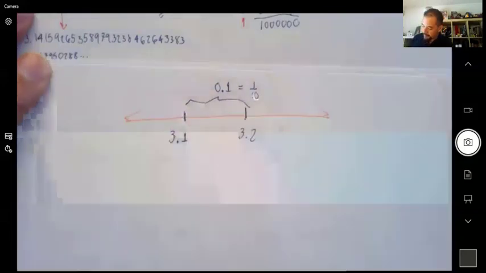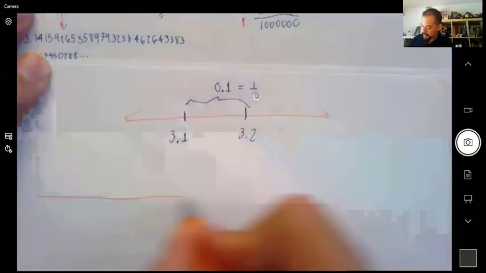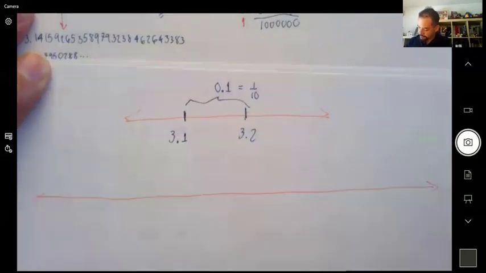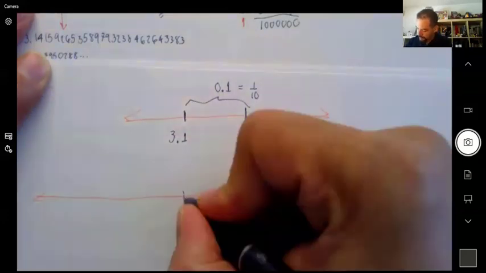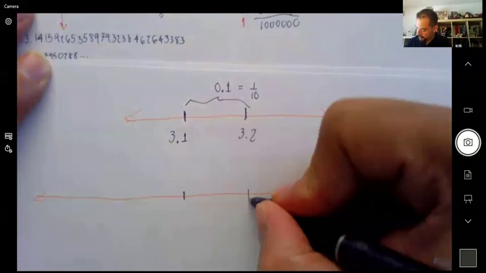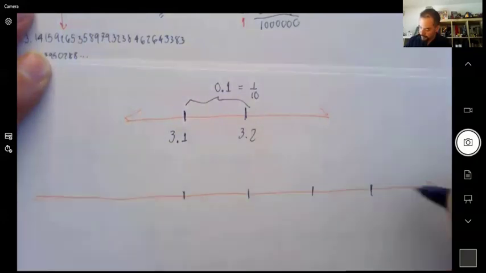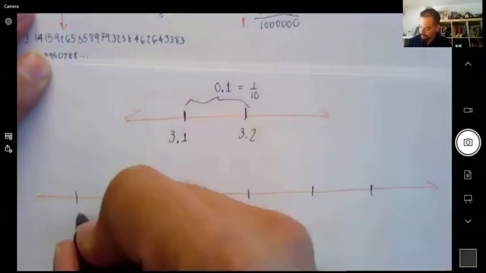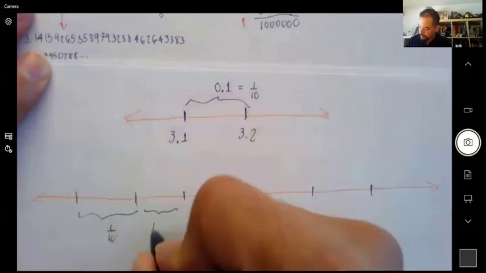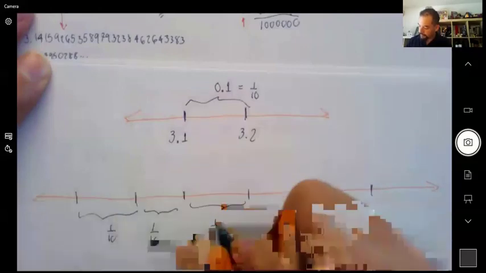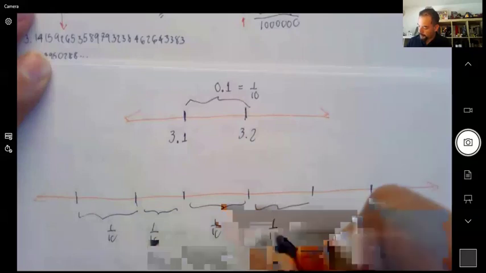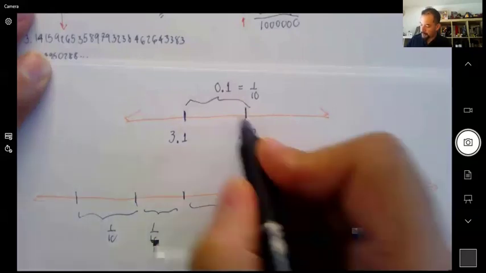If I divide by tenths in this line, they will go like this, here, and then here, and here, and here. These are all 1/10. So tenths are not enough because there's nobody with denominator 10 in between here.